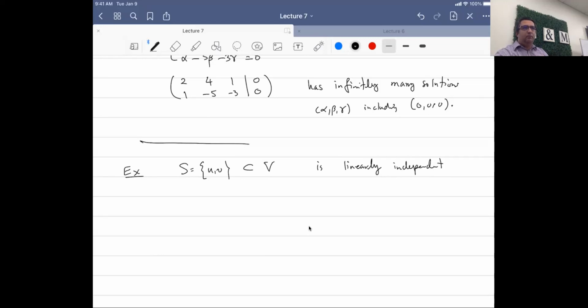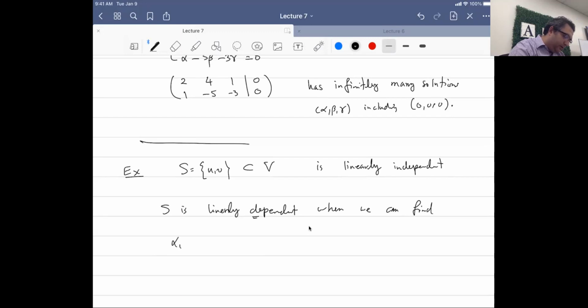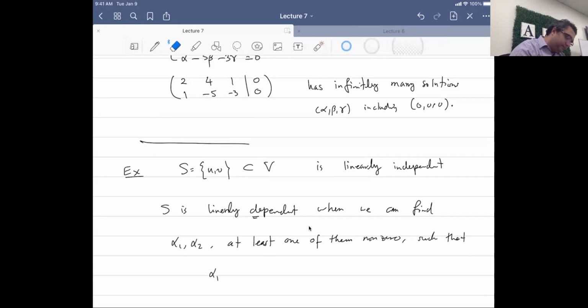So when would they be otherwise linearly dependent? When some non-zero selections exist, so S is linearly dependent when we can find alpha and beta, at least one of them non-zero, such that alpha u plus beta v equals 0.